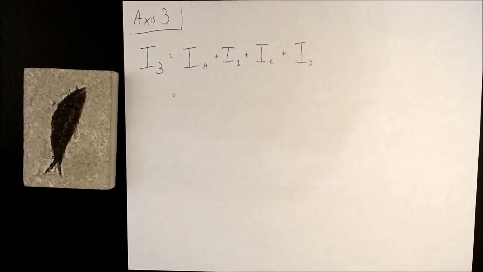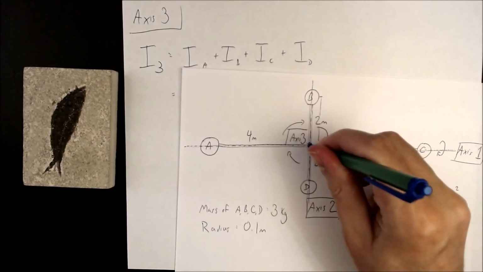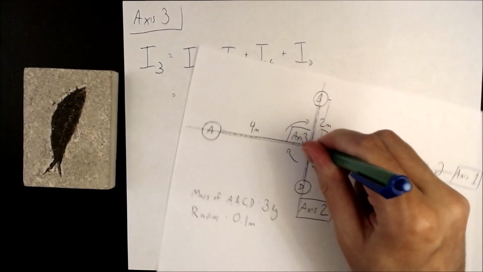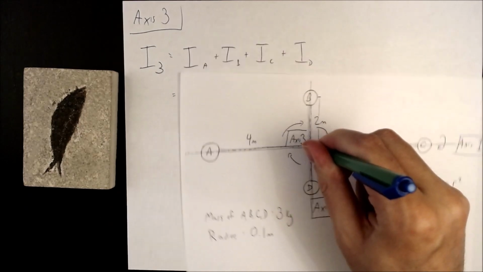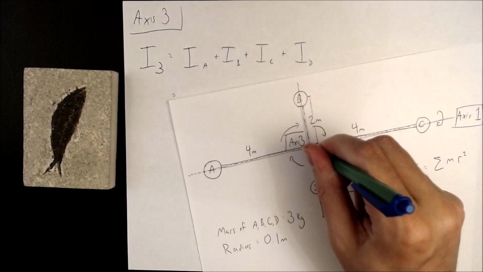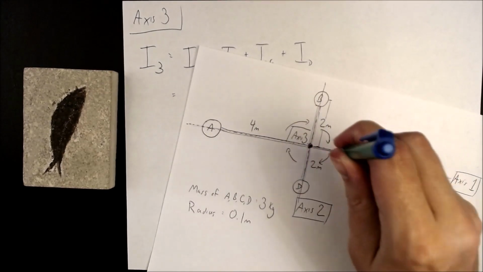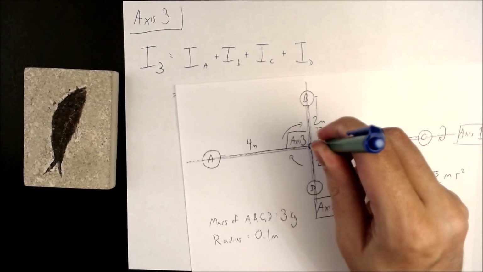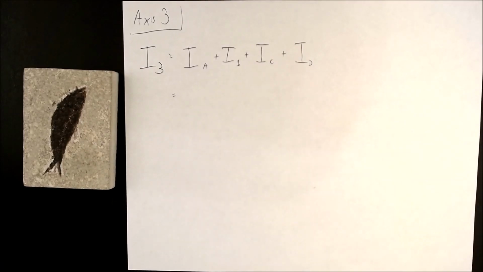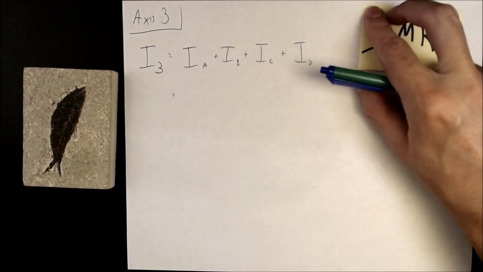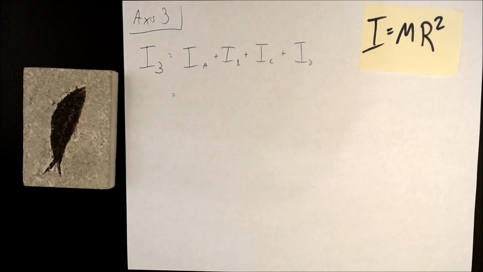Moment of inertia of A around axis 3, well, if we're going like this, does that axis go through A? Very clearly not. A is all the way over here, and the axis is going straight down through the page. So we're going to use our very convenient equation, I is equal to mr squared.